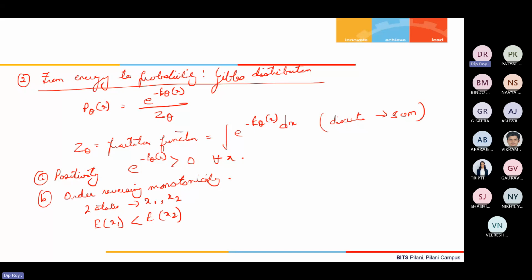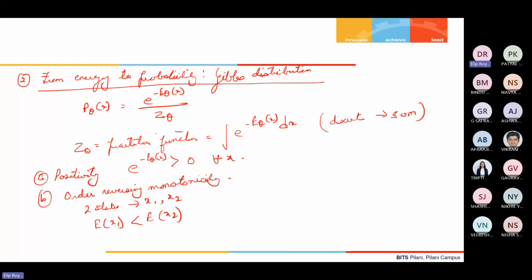So when we derive the probability from these energy functions, the ordering should be reversed. It means that the probability of x1 should be greater than the probability of x2.